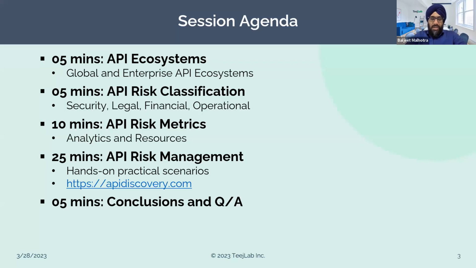This is the agenda for the talk. Although this is an agenda, I will use this as a roadmap. I know a lot of you are practitioners, and you apply different tools and technologies. I'm sure there will be a lot of questions as I present, so don't hesitate to ask questions while I'm presenting.